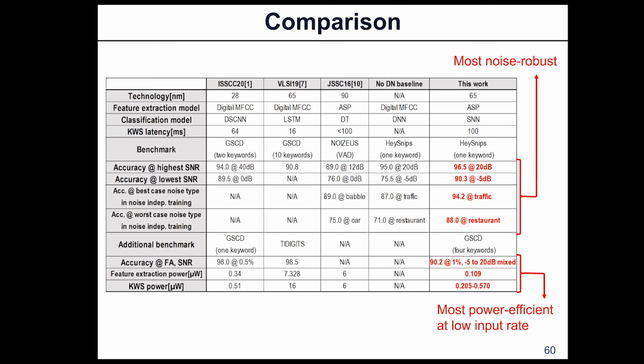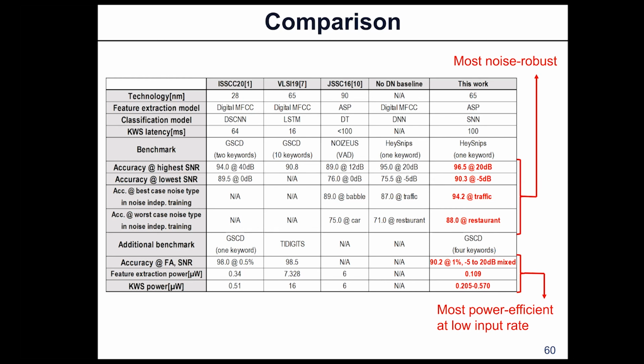So this work presents a fairly good amount of data, and there was one work, JSSC 16, which bravely presents some of the results, and you can see that there's a significant improvement, about 25% improvement in accuracy, which in the world of machine learning is significant.